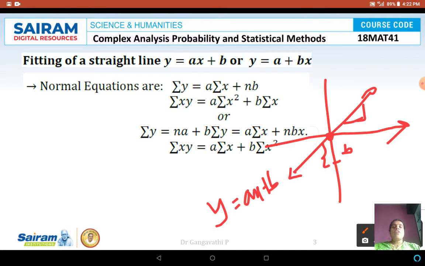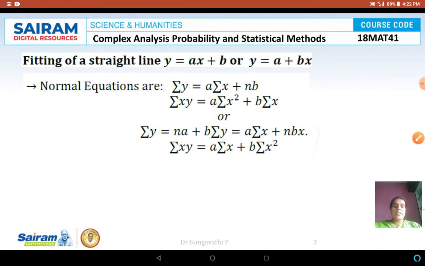Now we are going to fit the data to the straight line equation form. How do we do this? In order to do that, we have to have a set of equations which we call normal equations. So how do we obtain these normal equations? Normal equations for the given data can be obtained as follows.